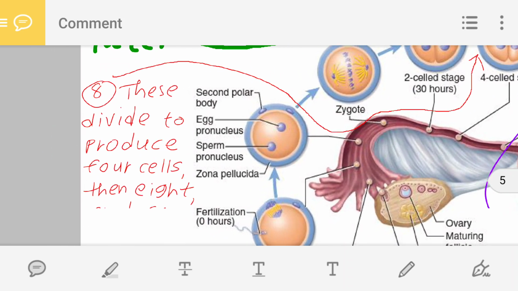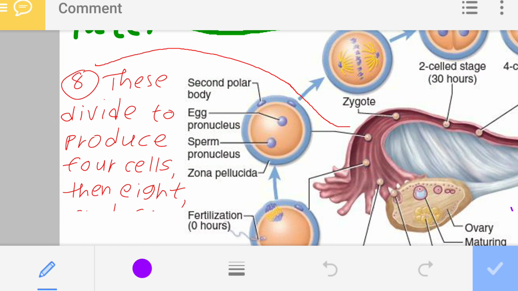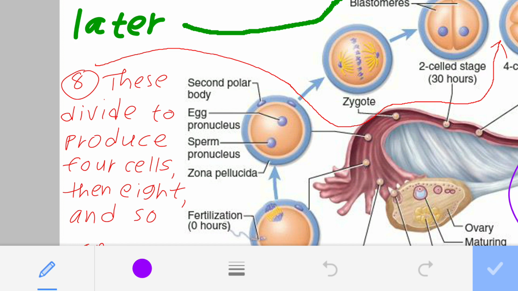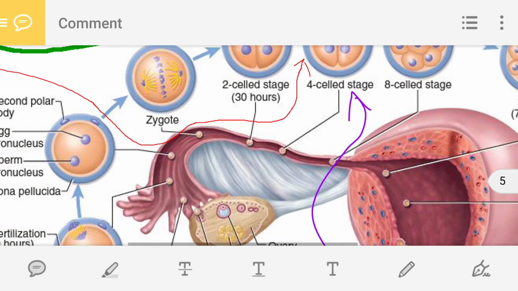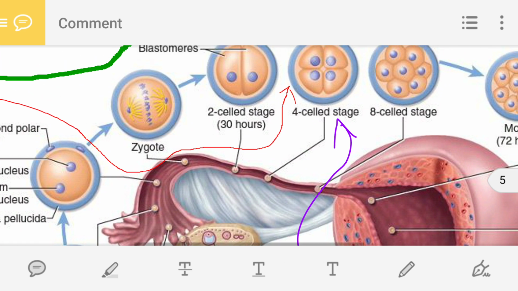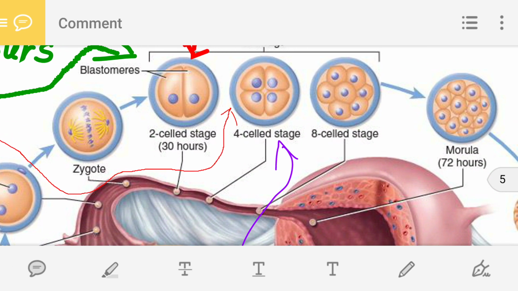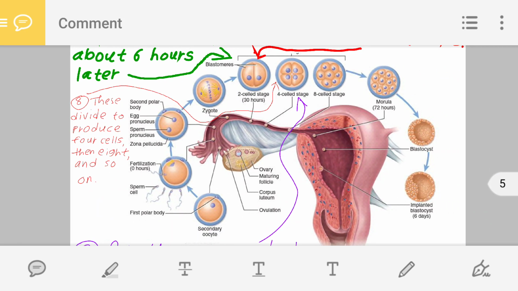Now this mitotic division then produces 4 cells and then 8 cells, and this mitotic cell division goes on. So as you can see, from 2 cells there are 4 cells, then 8 cells, then 16.